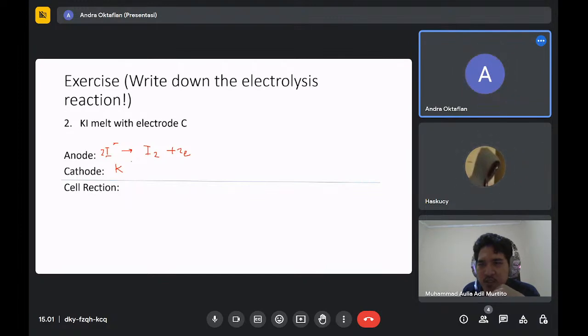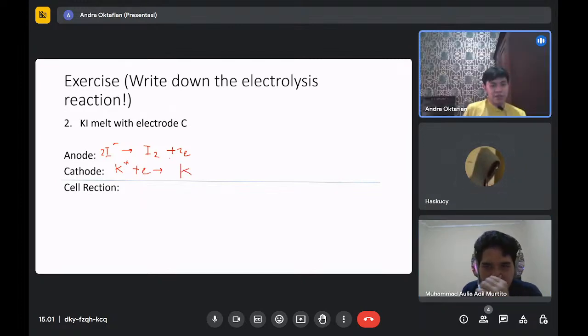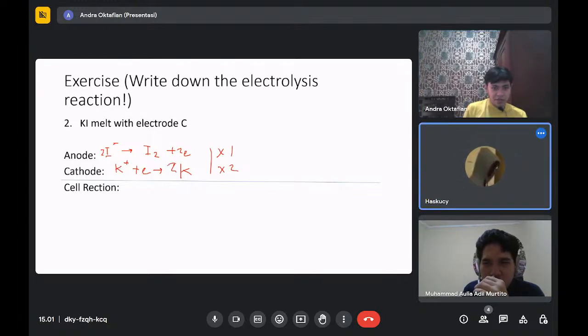The key point here is that the K plus e should not be added as 2K first, because naturally it is K plus plus e equals K. So in order to equalize between them, we need to multiply by two, and then we eliminate the electrons. I see.